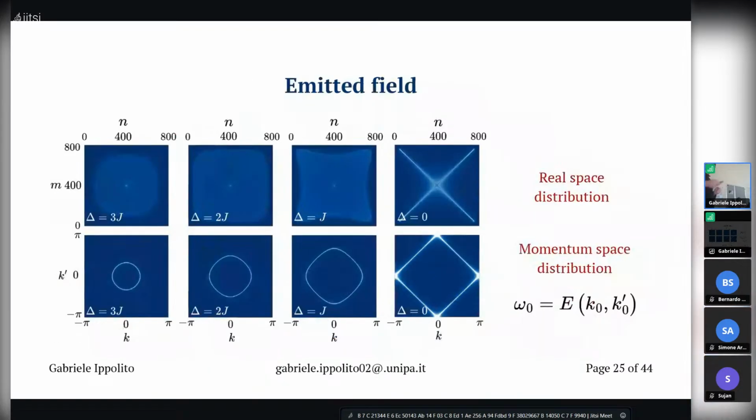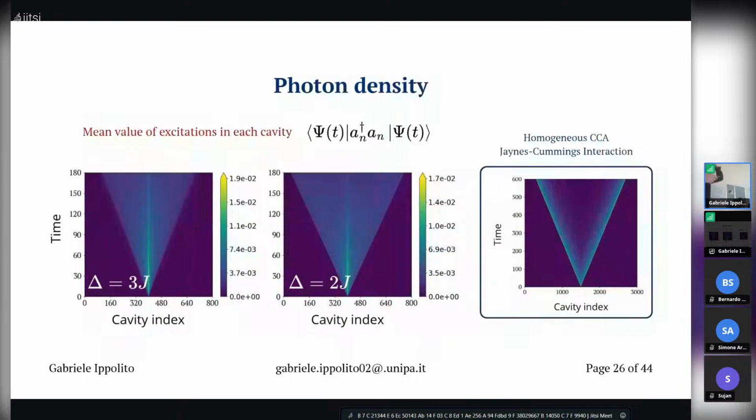And here we have quickly a summary of what I said. We start far from the center of the band. We observe isotropic distributions, both in real space and in momentum space, and these patterns become anisotropic while we move towards the center of the two-photon band. But overall, the dynamics is simple to analyze if we study the photon density over time.